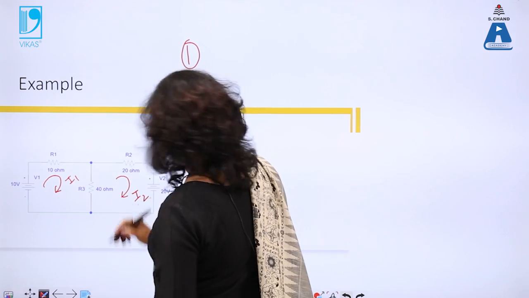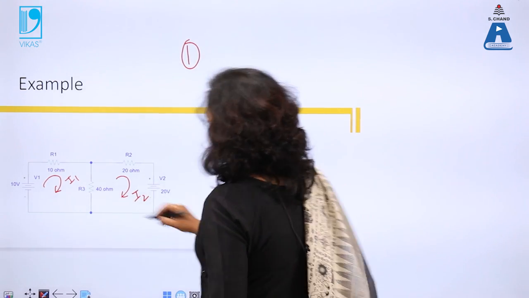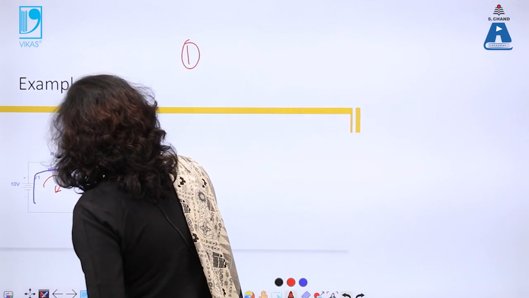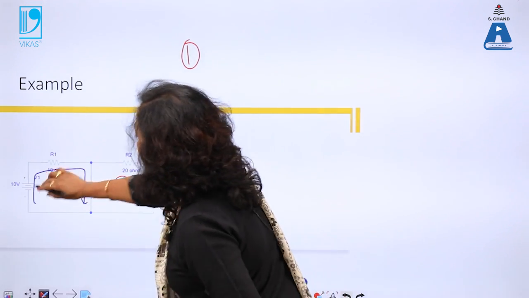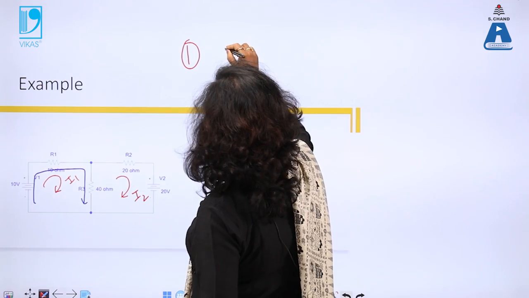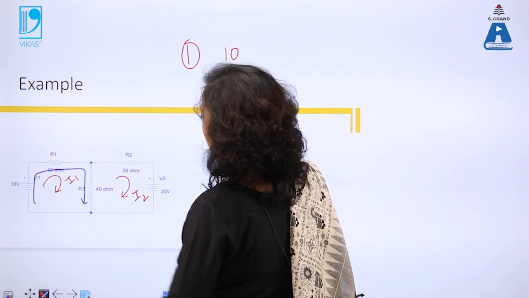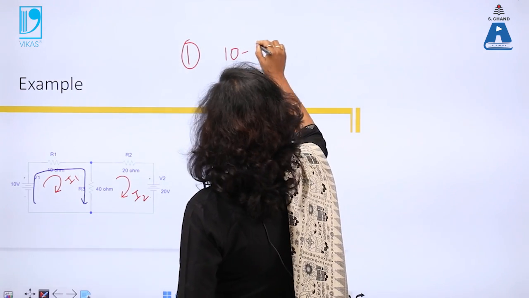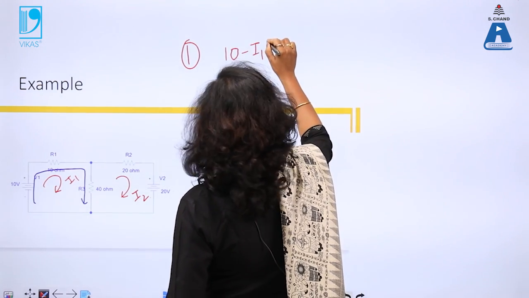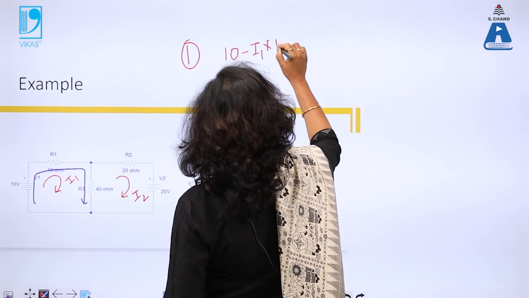Start from this side and I am solving the circuit like this. Start from this point. This is minus 2 plus 10. I am moving in the direction of current, minus IR, so minus I into 10 ohms.